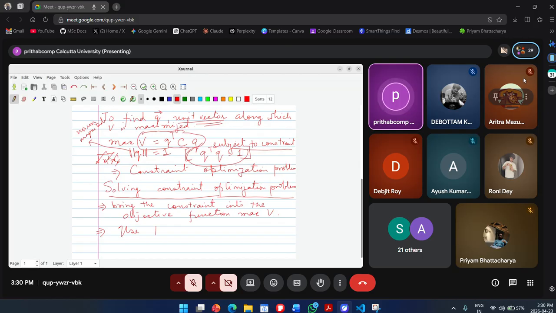So we use what is called a Lagrangian multiplier, which is basically a scalar value lambda. With this scalar value, now the objective function becomes like this with the constraint.